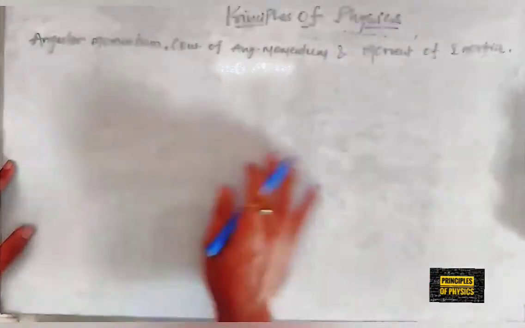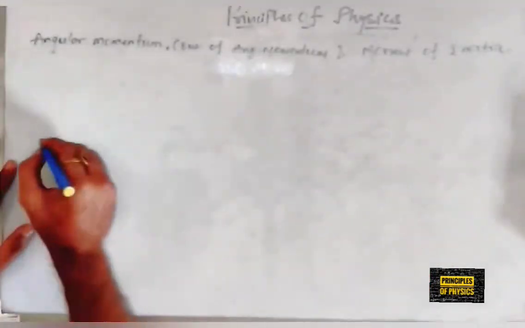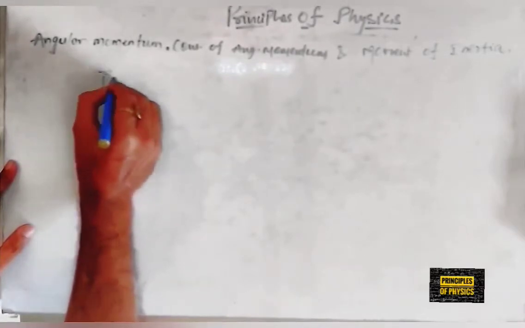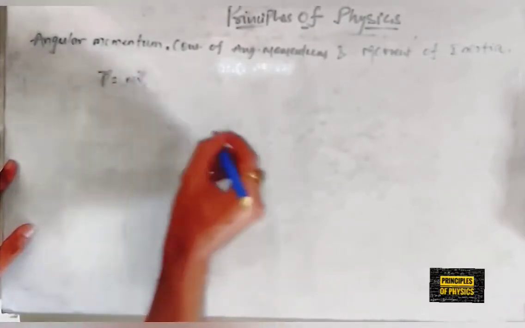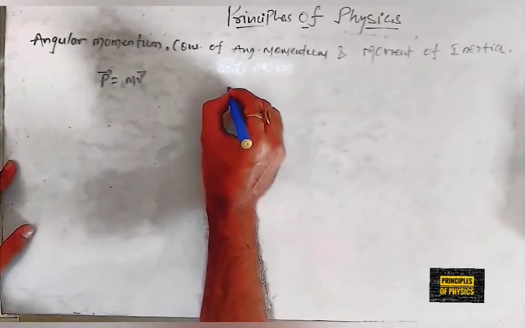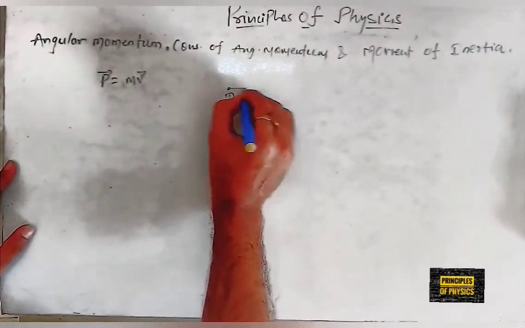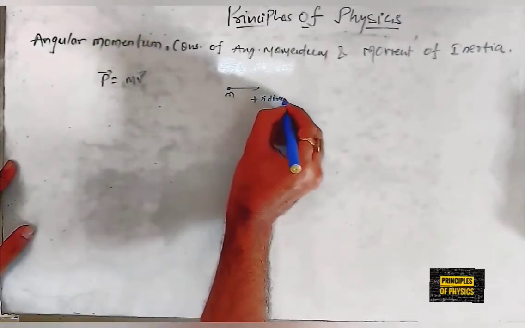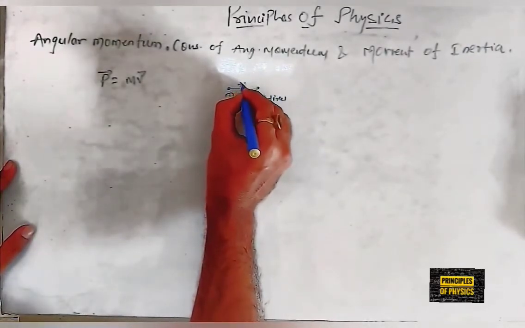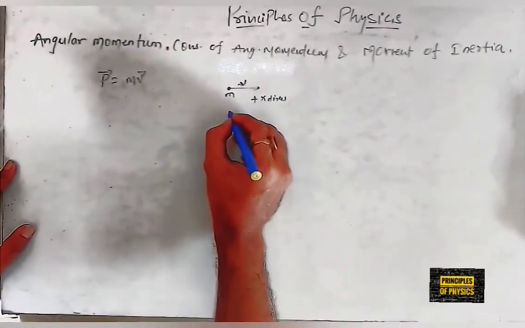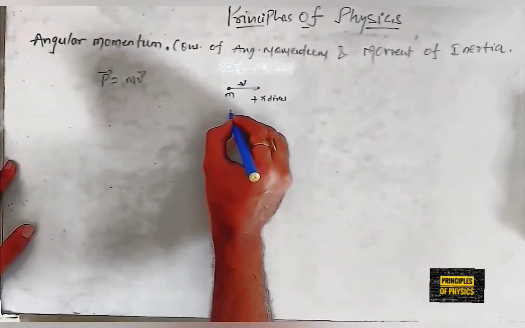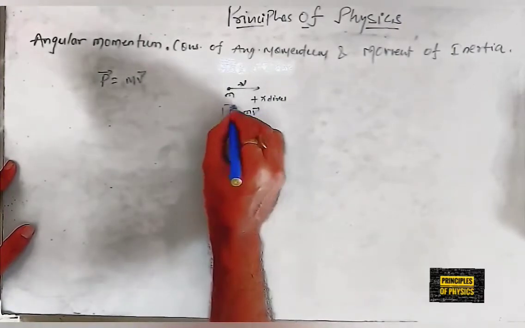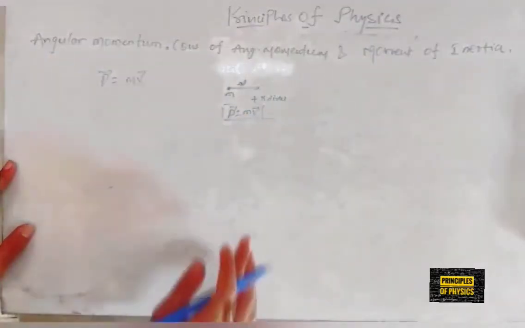Starting from the difference between angular momentum and linear momentum, we have linear momentum P equals mv. If a mass m moves in the positive x direction with velocity v, we know its linear momentum is P equals mv, and its direction is the direction of the moving body, that is v.